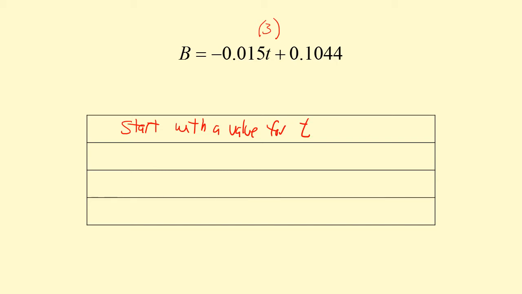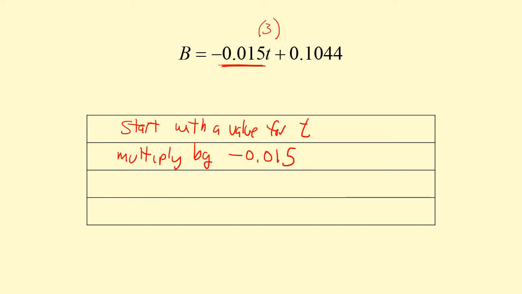So we get that 3, we plug it in. What's the first thing we do with it? Well, we do this multiplication, right? You would multiply by this negative 0.015. Okay, so once you did that, that would become one nice negative number.